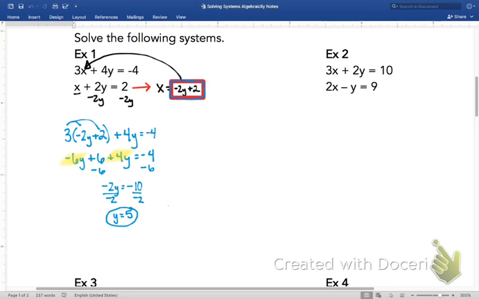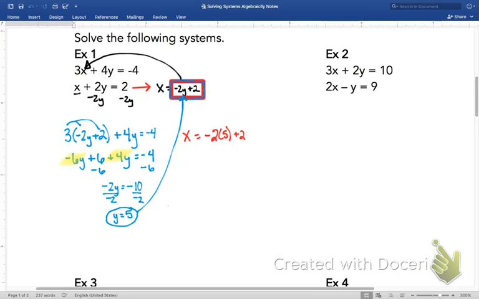Yeah, I'm just going to take it to the one that I manipulated, and I'm going to plug it in right there. So I'm going to get x equals negative 2 times 5, my fault, plus 2.